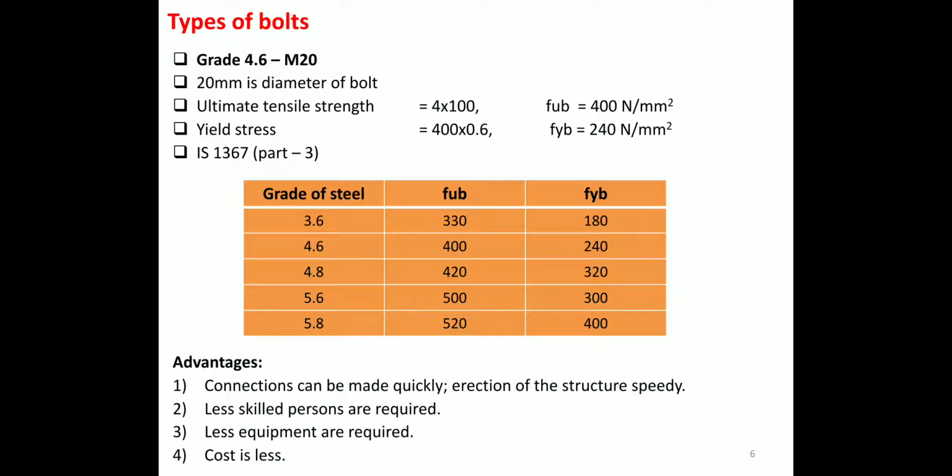So this is the table of the grades of steel, that is 3.6, 4.6, 4.8, 5.6, 5.8, and FUB, the ultimate tensile strength of the bolt, and the yield stress of that bolt, FYB. So this particular chart or table is given. These values are approximate.